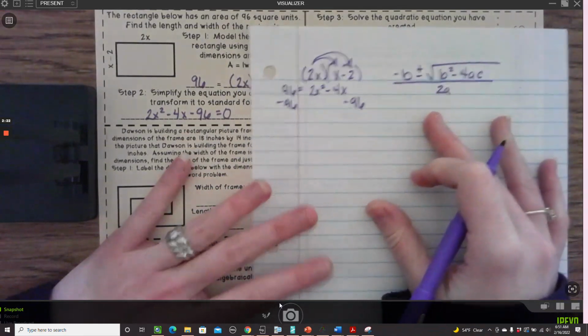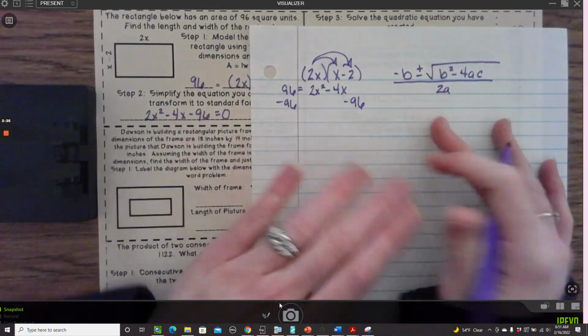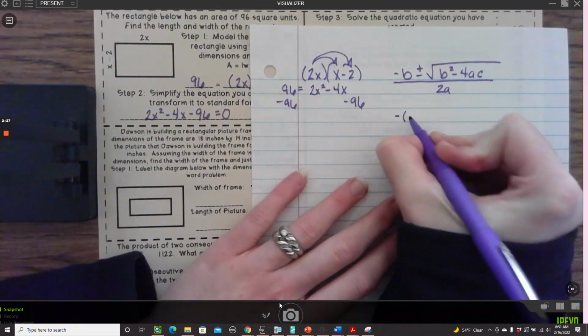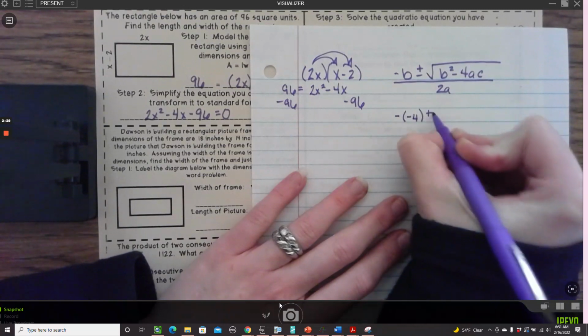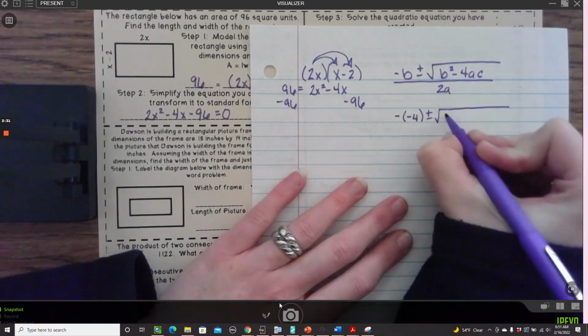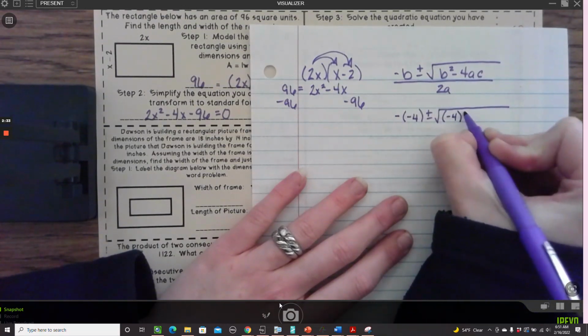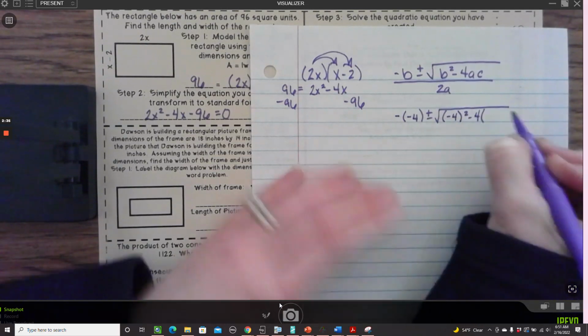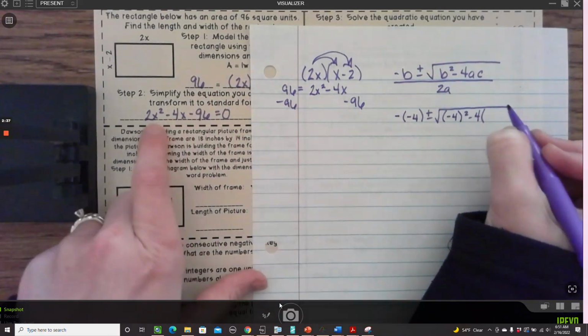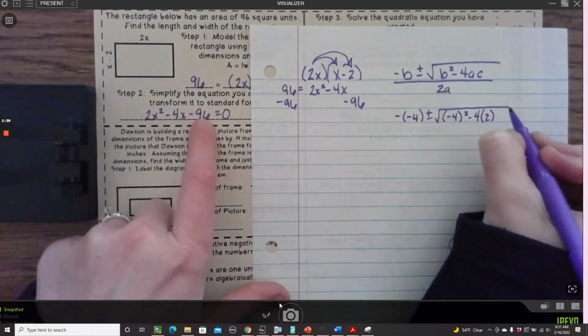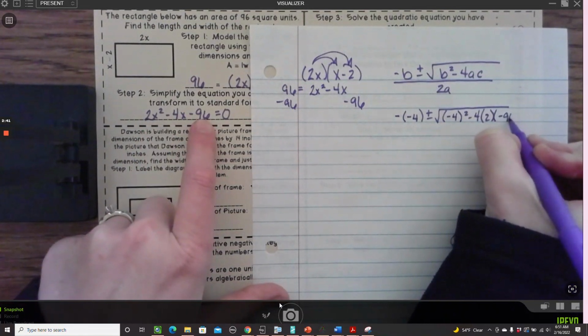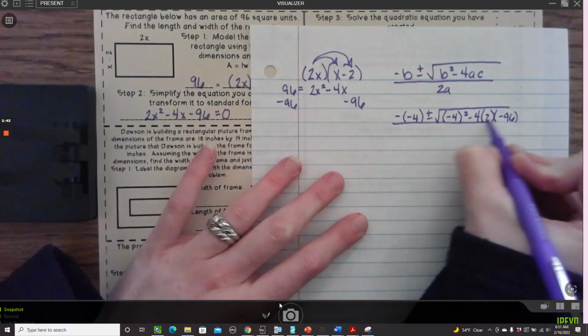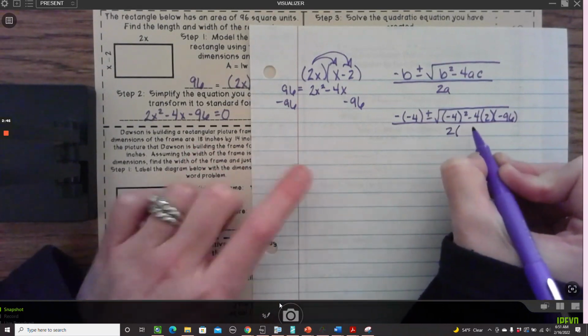Using our formula, b is a negative 4, so we have negative negative 4, plus or minus the square root of negative 4 squared minus 4. a is a 2, c is a negative 96, and we're going to divide that by 2 times a.